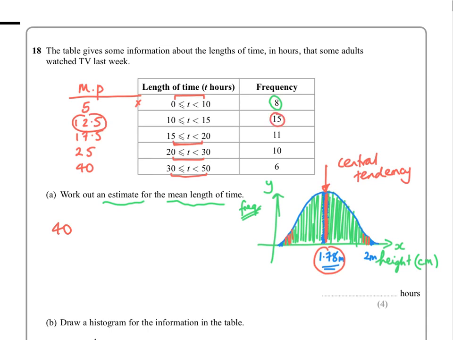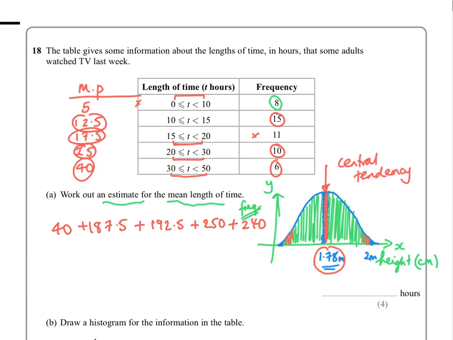So we'd have 12.5 times 15, which is 187.5, plus 11 lots of 17.5, which is 192.5, plus, I should be able to do this one, 10 lots of 25 is 250, plus 6 lots of 40 is 240. So if you added that up, that would be all the total hours watched.